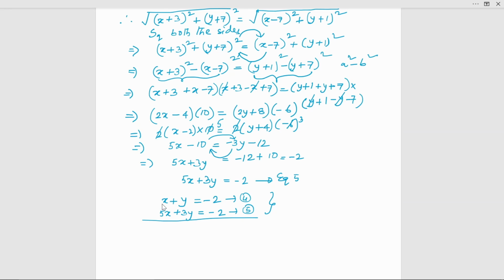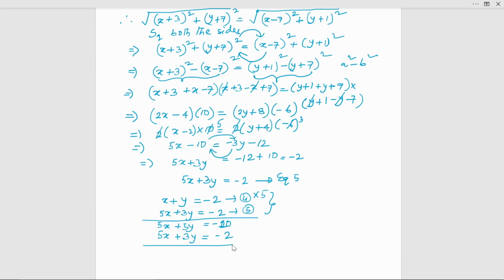So multiply the first equation 4 with 5. So we have 5x plus 5y equal to 5 into 10, and we have 5x plus 3y equal to minus 2.